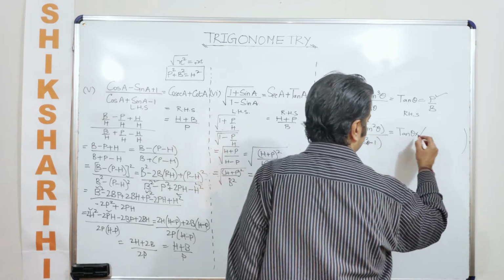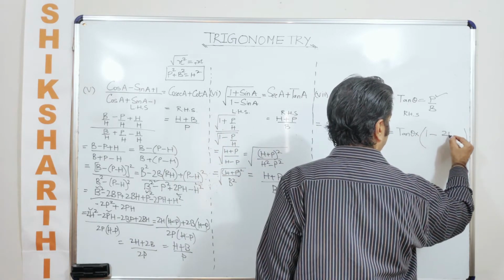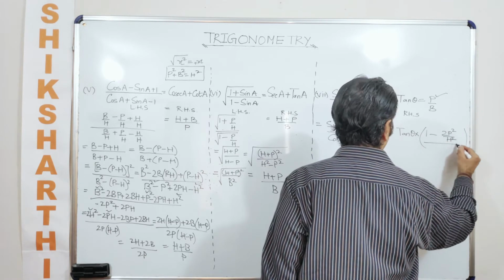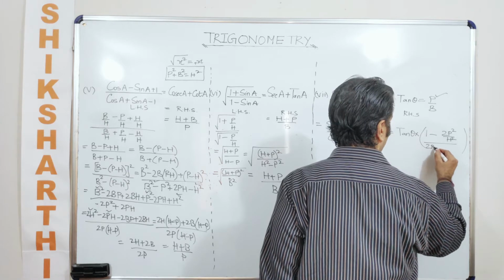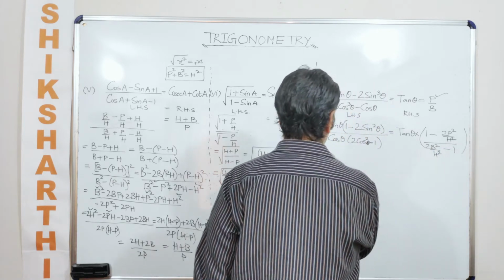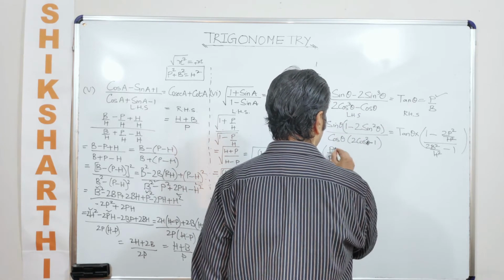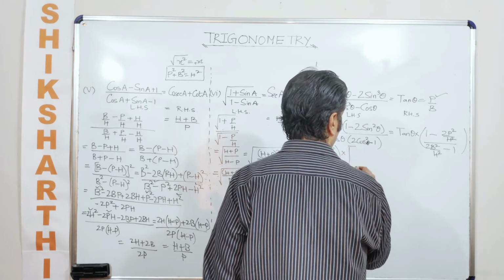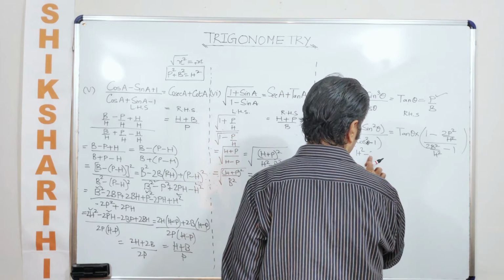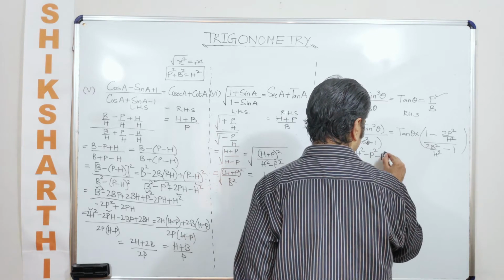Okay, so now I can write this as 1 minus 2p square by h square divided by 2b square by h square minus 1. So which is just like saying this becomes p by b, which is tan theta, into h square minus 2p square, which we can always write as h square minus p square minus p square.